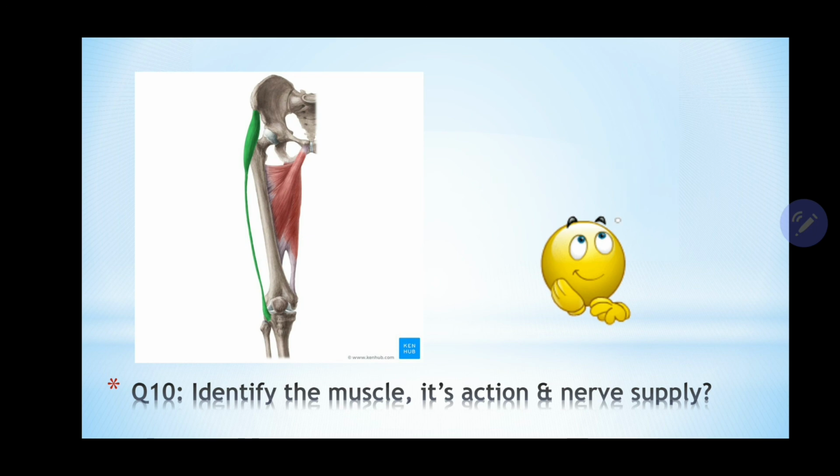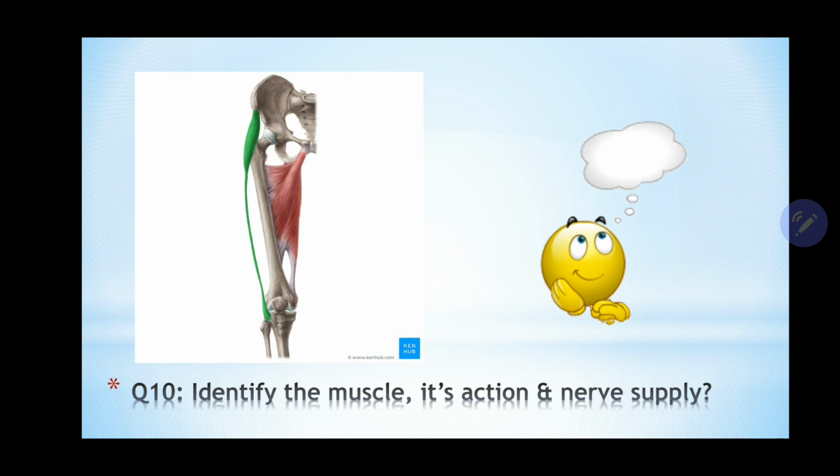Got it? So you have seen that all three actions of gluteus maximus are being opposed by tensor fasciae lati, but this is happening in a semi-flexed hip and a semi-flexed knee position. Got it? So these are the actions of tensor fasciae lati.